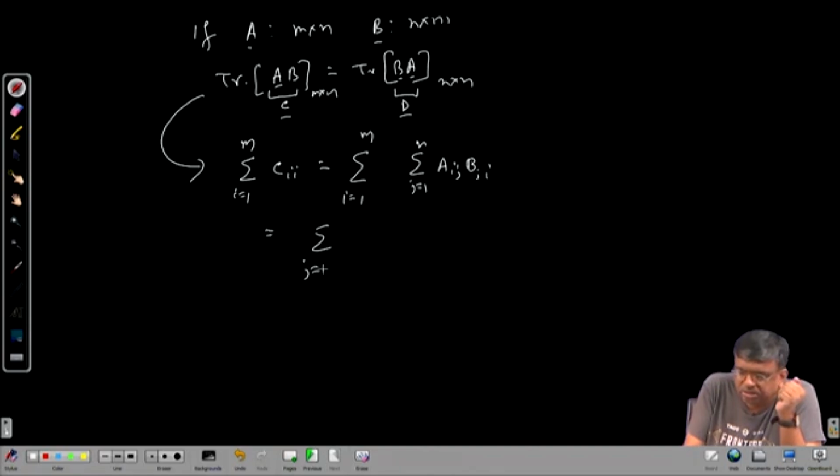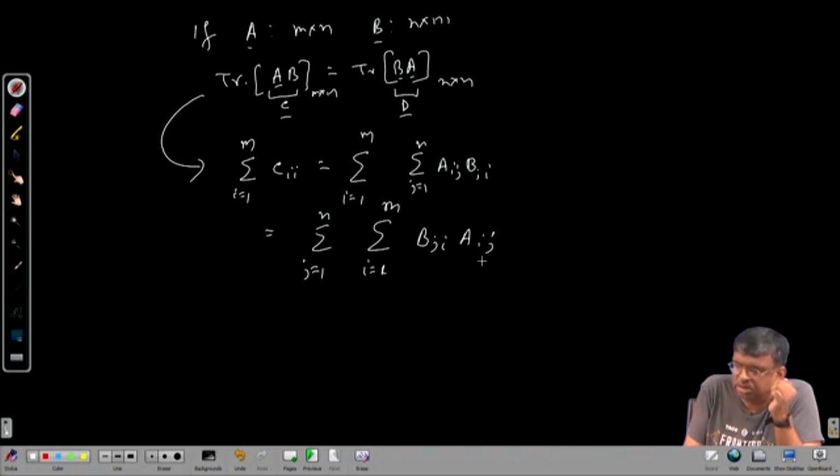So, first you fix j equal to 1 to n, then for each j you move i equal to 1 to m, a_ij b_ji, I write this way, b_ji a_ij. What is the meaning? jth row, ith column. So, j1, j2, j3 as i moves, and here jth column as i moves, 1j, 2j, 3j like that.